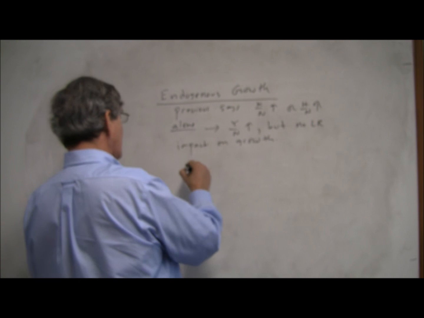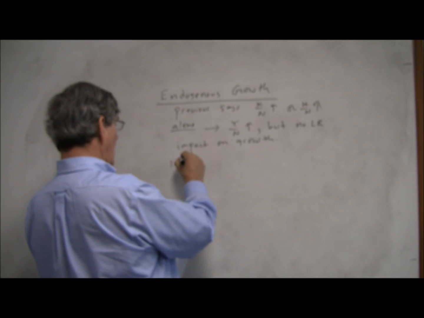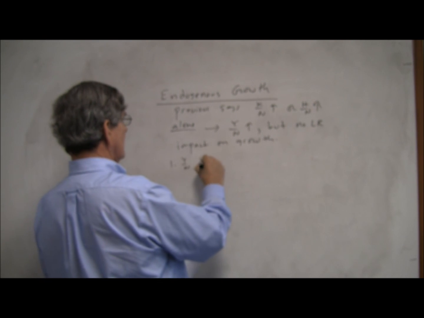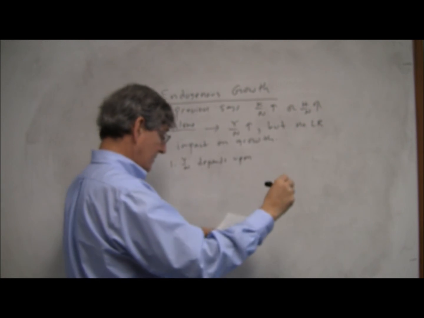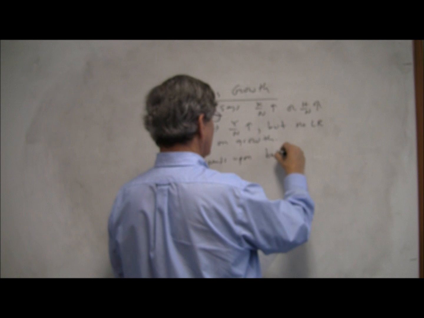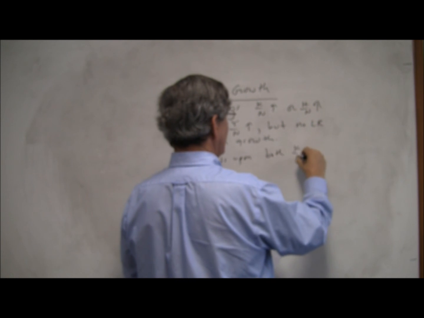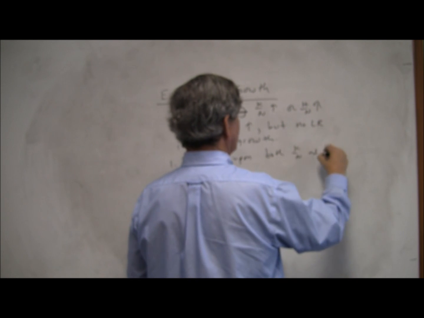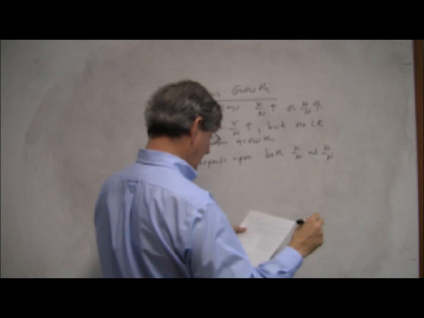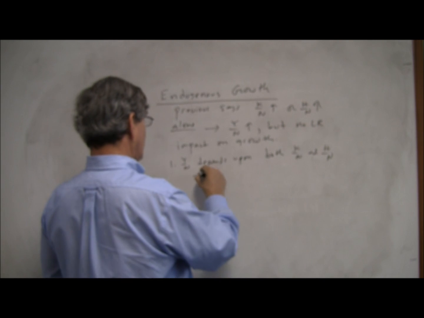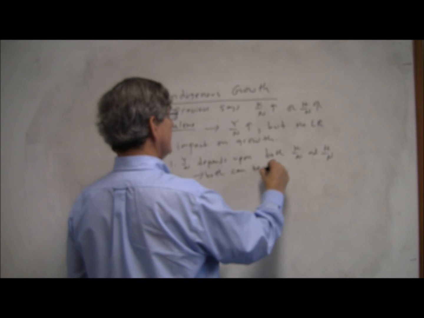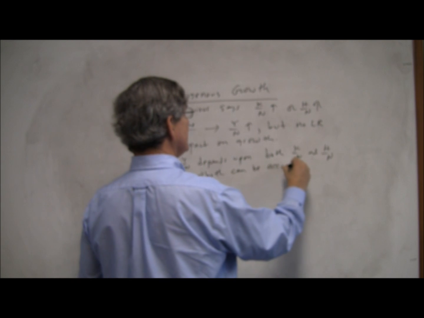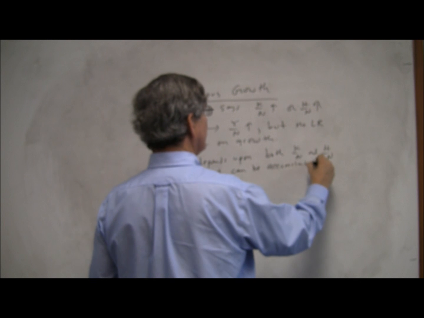So what these models sort of say is the following, that Y over N depends upon both K over N and H over N. Both can be accumulated over time. Knowledge can grow, physical stock of capital can grow.